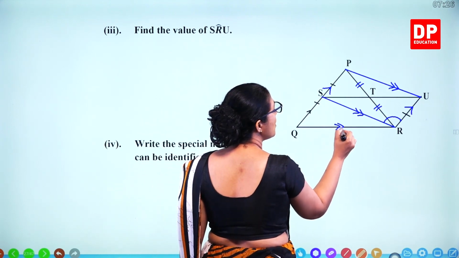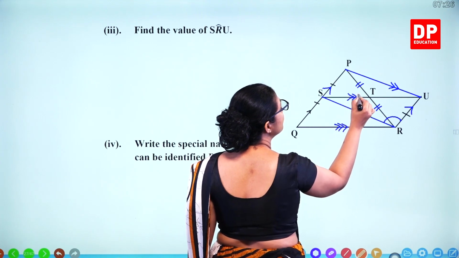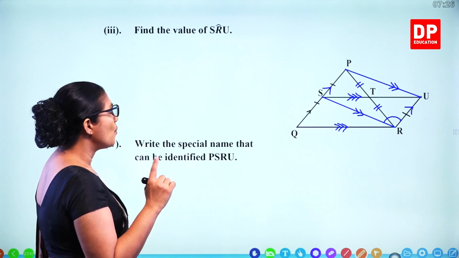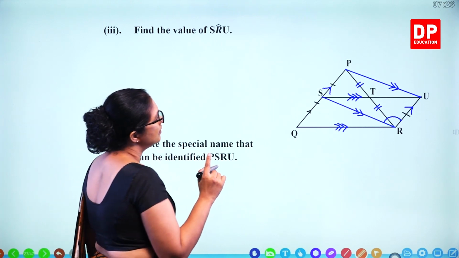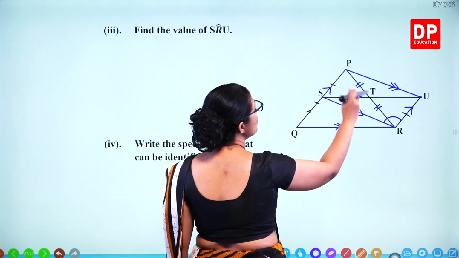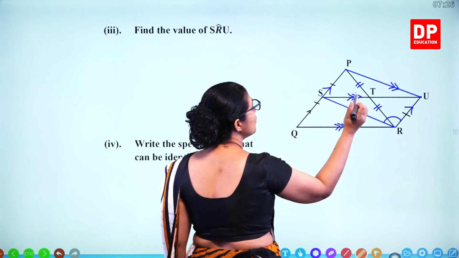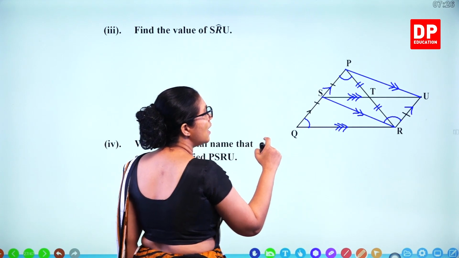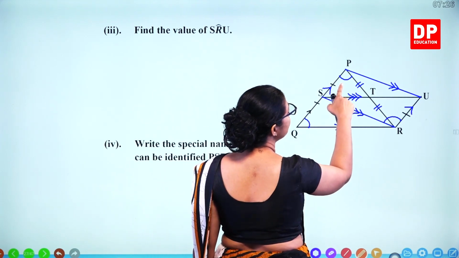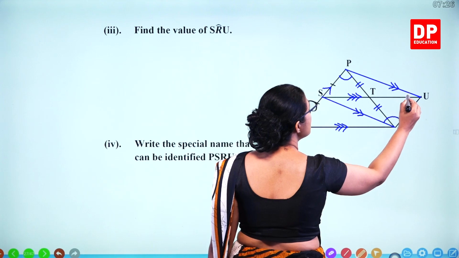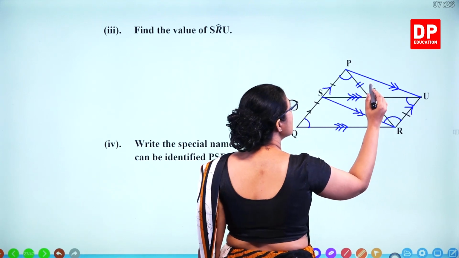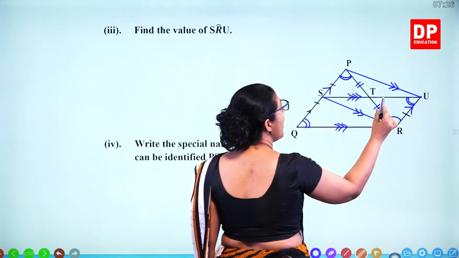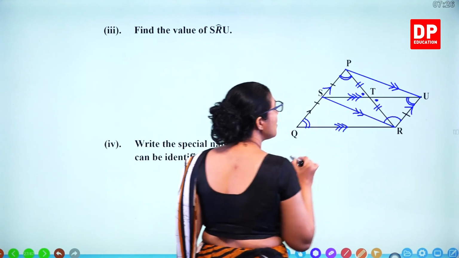Now we'll take these two triangles, we know that these are equal, and then we found out this is equal to this, and this angle is equal to this one.